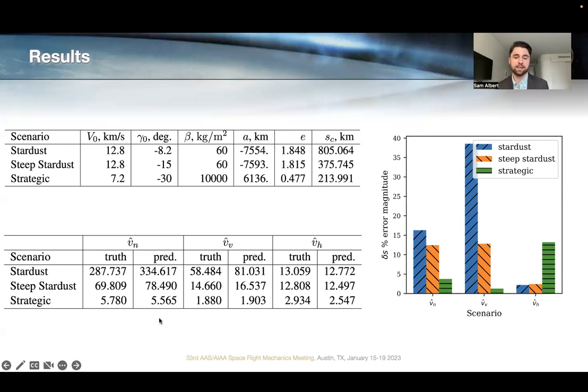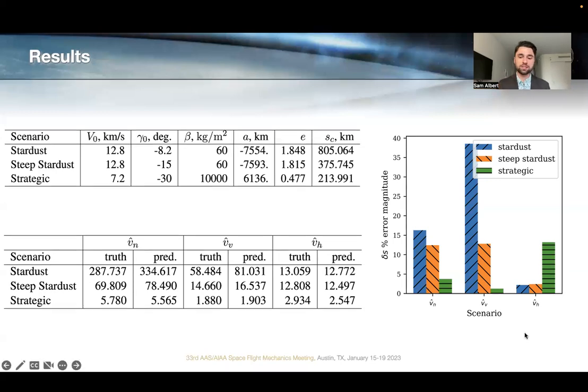So the results are shown in this figure, and the same numbers are shown summarized in this table on the left. And for each of those 3 scenarios, we perform a maneuver of 10 meters per second in each of the directions along the velocity frame. So just looking at these in-plane maneuvers, VN and VV, you can see that most of the error we have is coming from the Allen-Eggers approximation, namely the constant flight path angle.